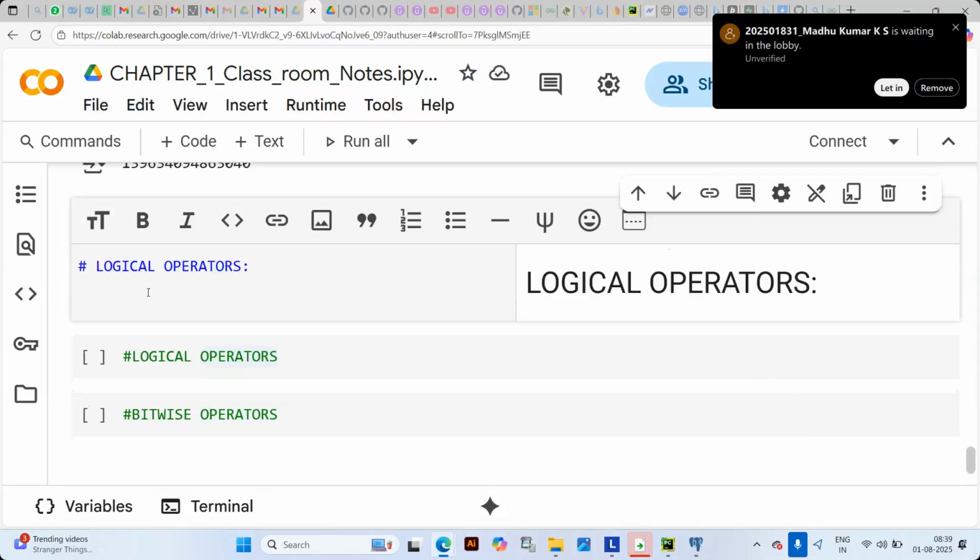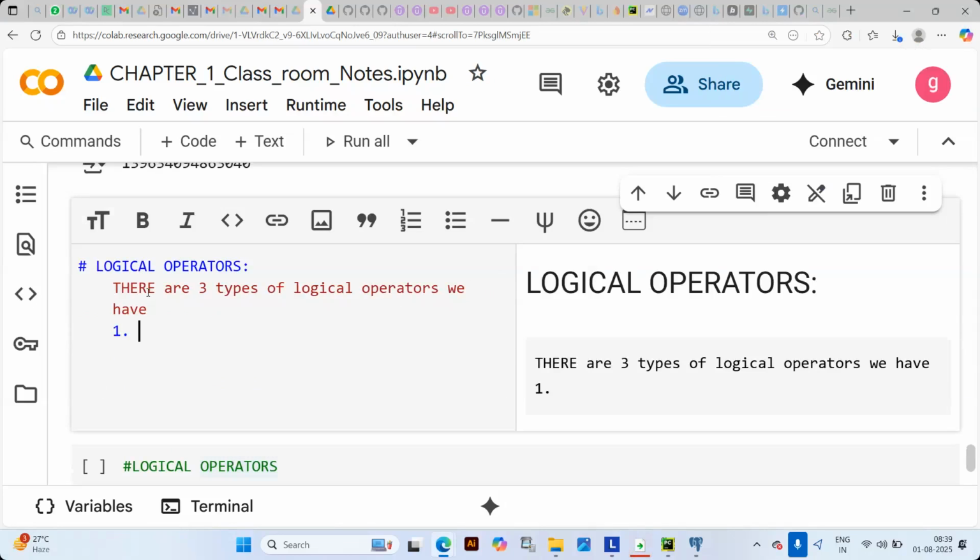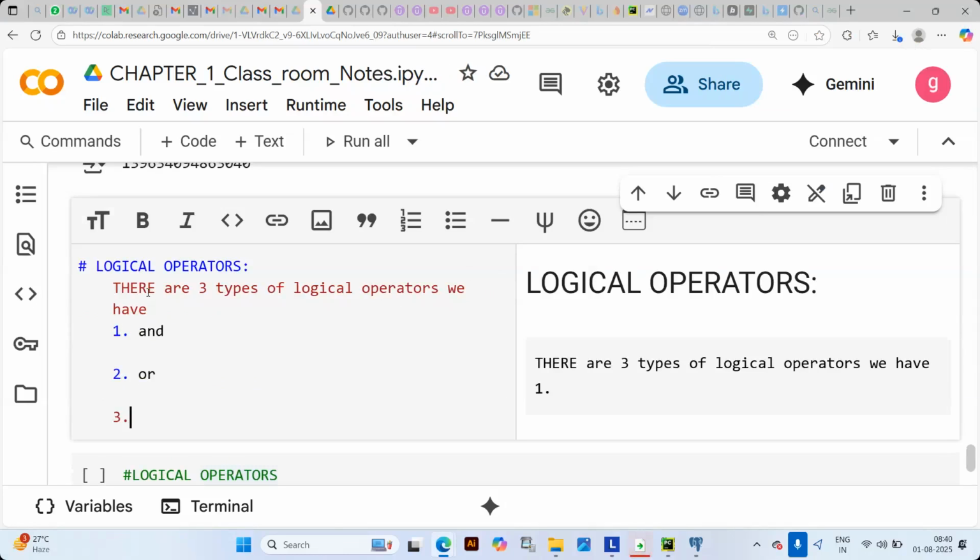So there are three types of logical operators we have. One is and, or, not.